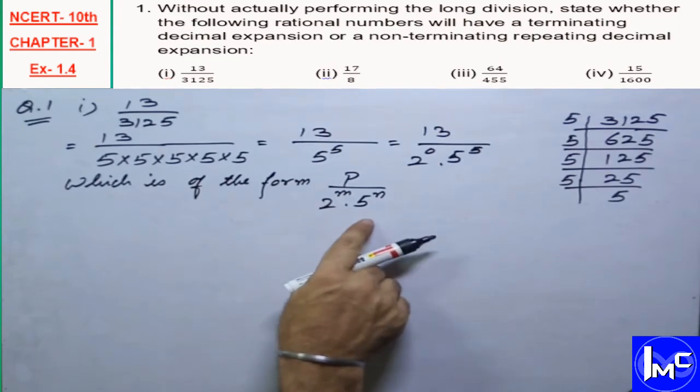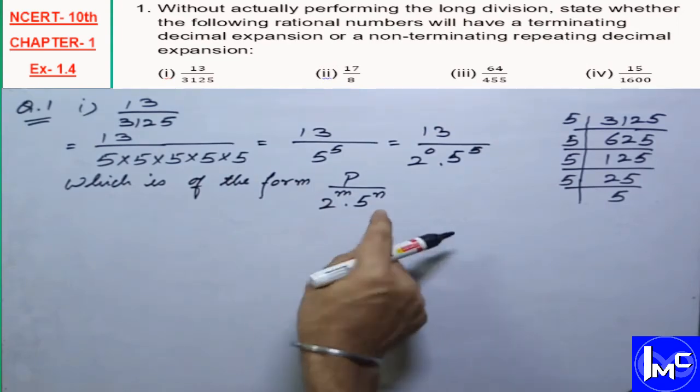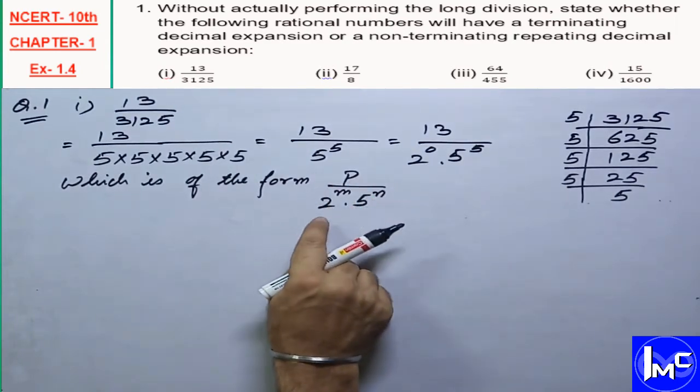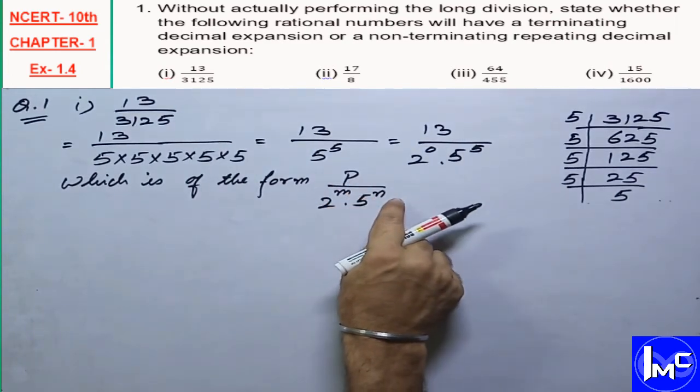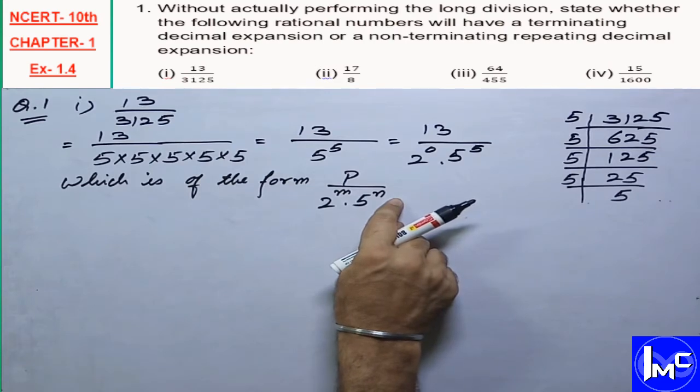A rational number whose denominator, or we can say Q, is of the form 2 raised to power something, 5 raised to power something, is of the form terminating decimal expansion.